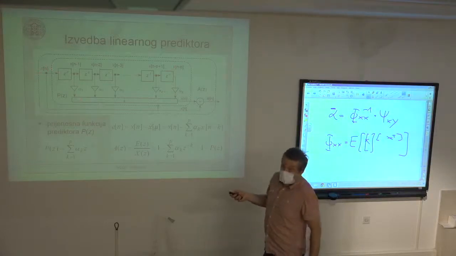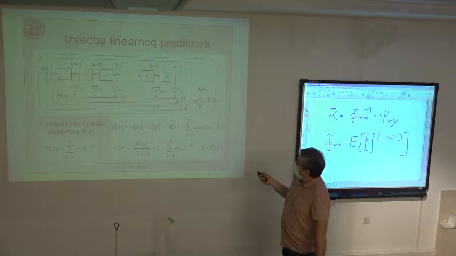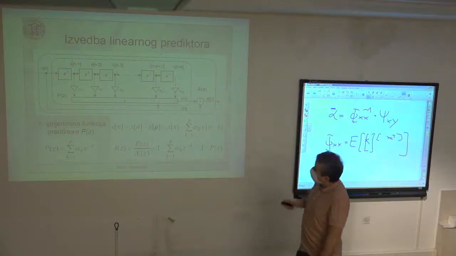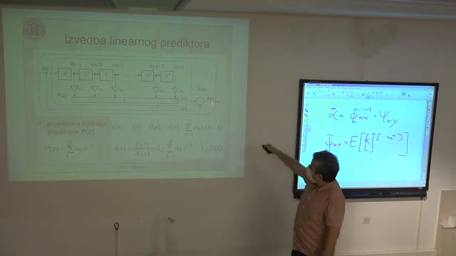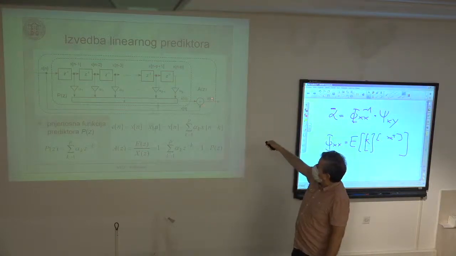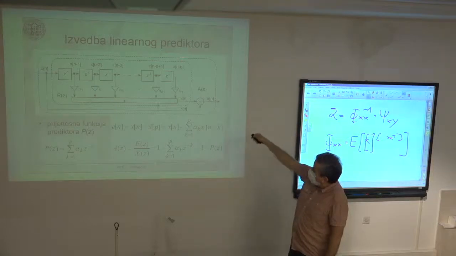And then if I subtract the prediction from the actual value of the current sample, what I get is the prediction residual, or prediction error, e of n. So altogether, if I take the output e of n as the output of a system, then such a system is denoted as A of z.